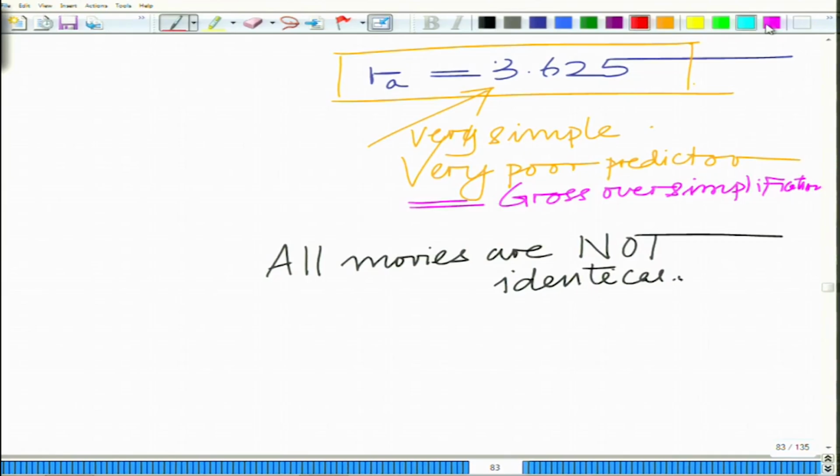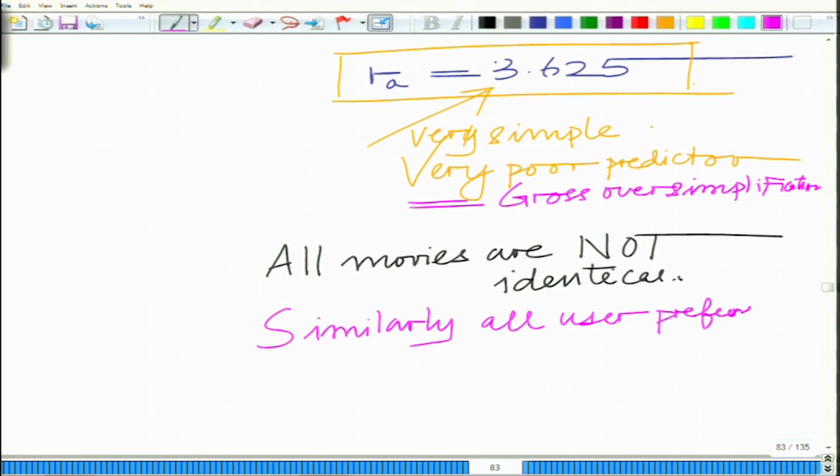Similarly, not all users are identical. All user preferences or prejudices are not identical.